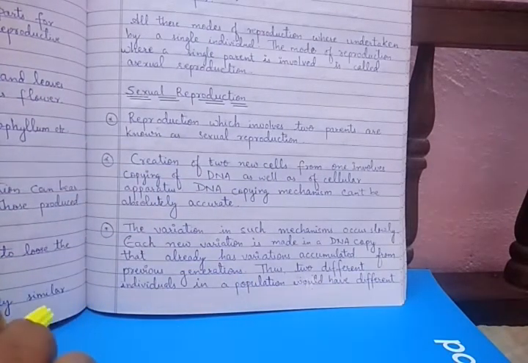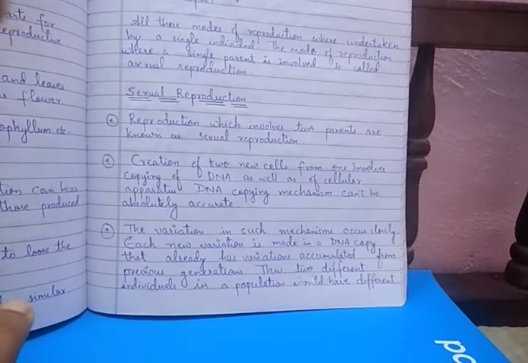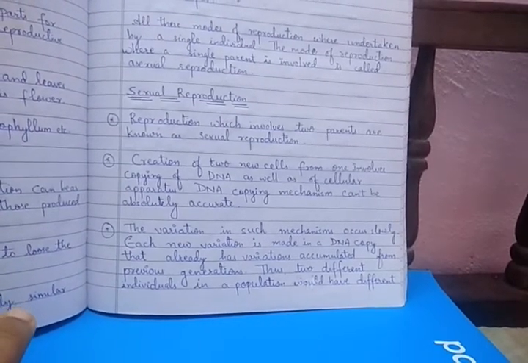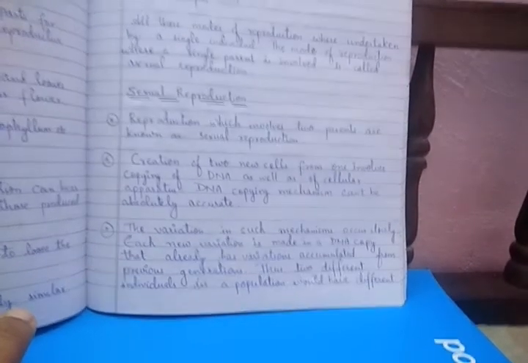The DNA copying cannot be perfectly accurate, so in order to attain accuracy, certain other processes are also done.